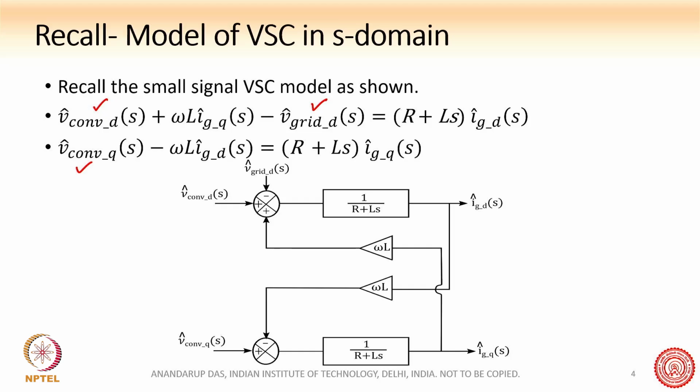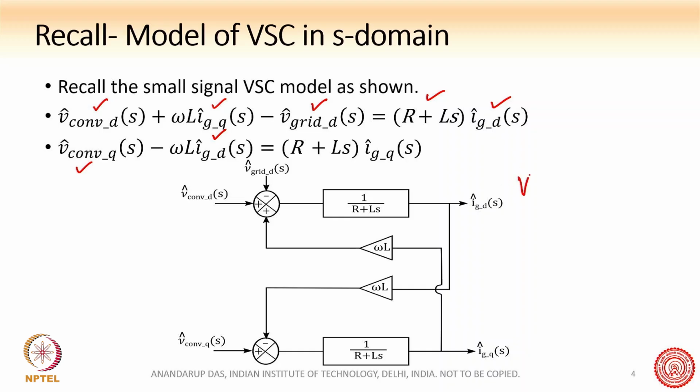We have aligned our D axis with the grid voltage space vector, so the Q axis component of the grid voltage space vector is 0. When they align, the current starts to flow, dictated by R plus LS. As we have discussed in detail, there are also these cross coupling terms, and this is the overall plant model.